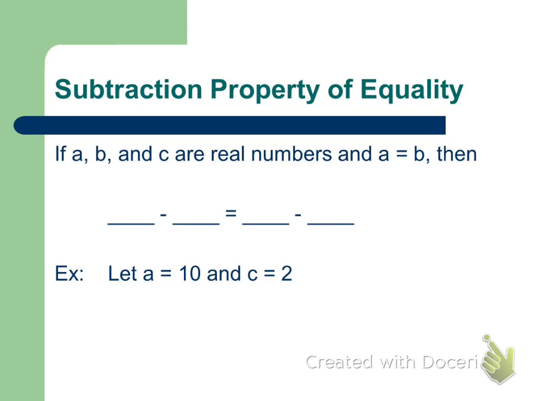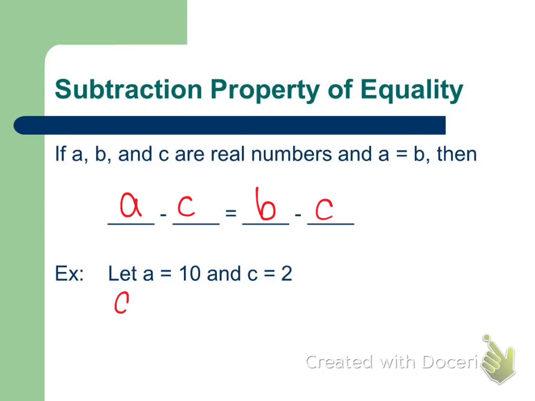The subtraction property of equality states if A, B, and C are real numbers and A is equal to B, then A minus C is equal to B minus C. Once again, we're just subtracting the same thing from both sides of this equation.